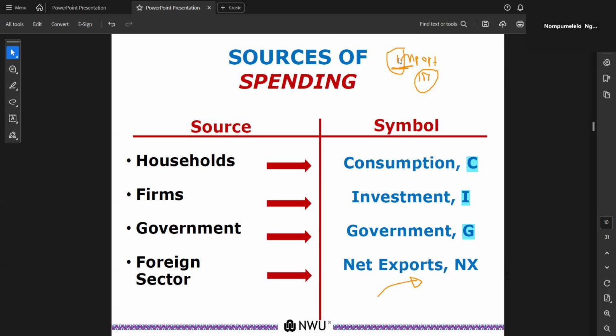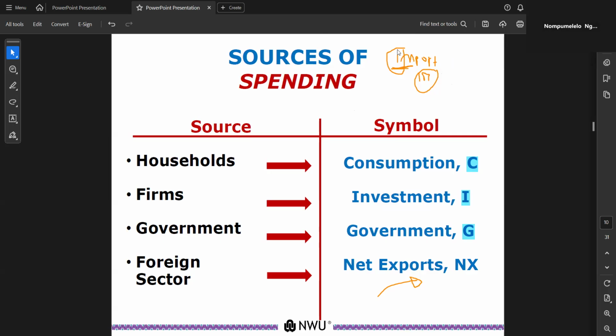Let me repeat: to differentiate between imports and exports, so that you know which one indicates goods leaving the country and which one goods coming into the country, you take imports and use the I at the beginning of the word.